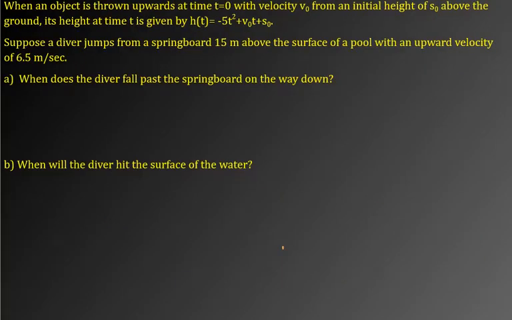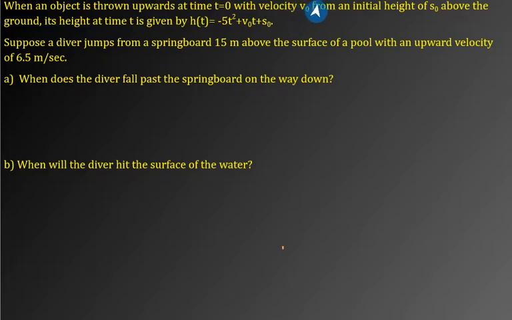Another very important thing related to quadratics are application problems, for example, here, this is about projectile motion. So you've got an object thrown upwards at time equals 0 with velocity v sub 0, or v naught, is how we say it.